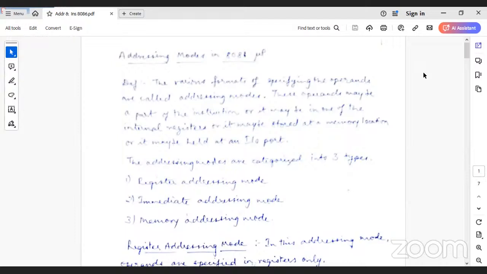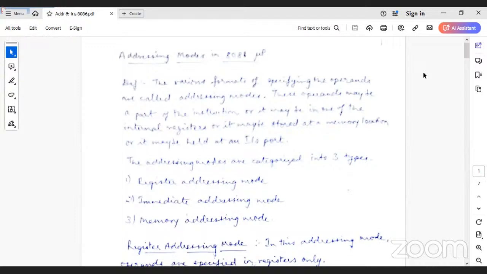Generally the data on which the instruction is to be performed will be specified. Either you can give the data directly in the instruction, or you can give it in a register, or you can give it in a memory location. So three different ways are there in which the data in an instruction can be specified.